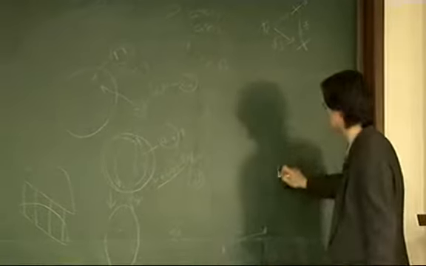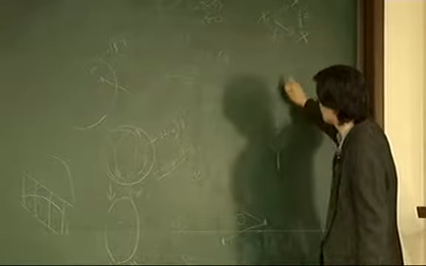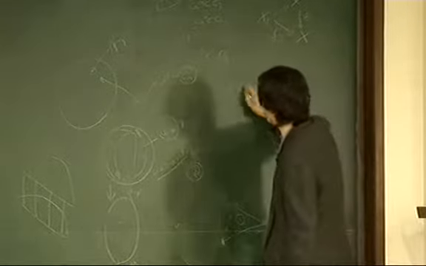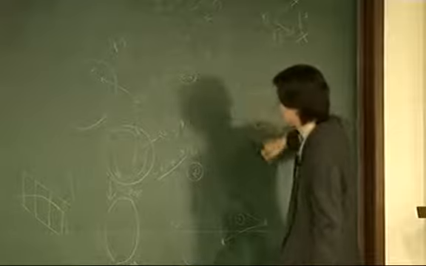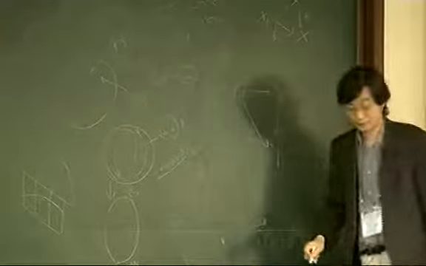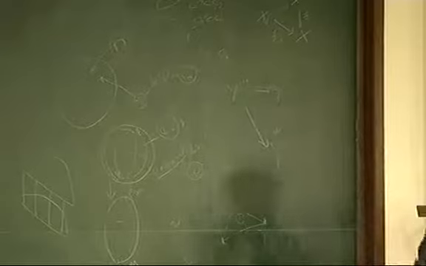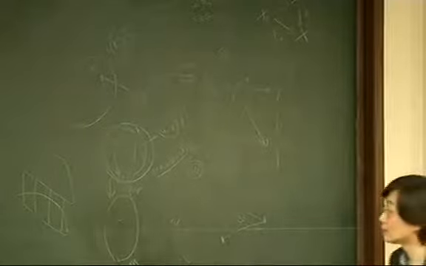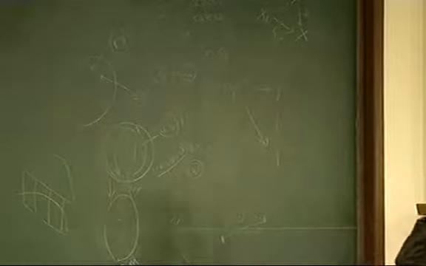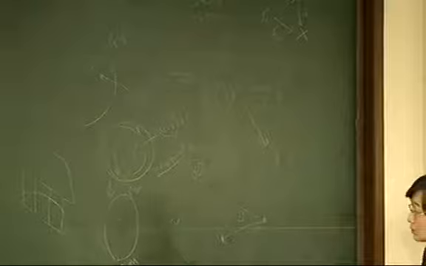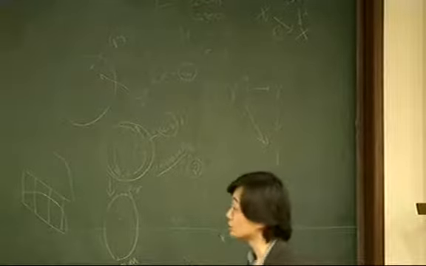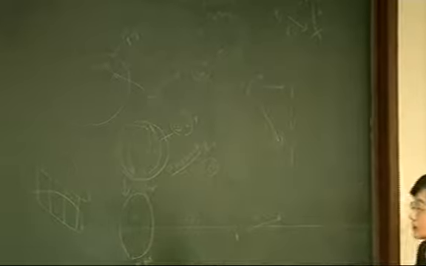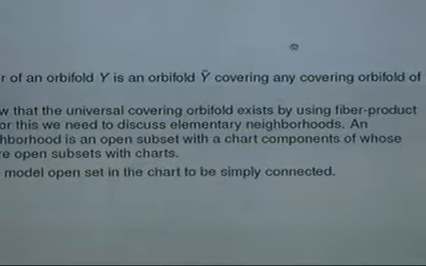If you have some orbifold and any kind of covering, then the universal cover is the one that will cover it. And you prove that it exists by a fiber product construction, as I talked about. For an elementary neighborhood you can do this, and once you can do it for elementary neighborhoods, you can patch up and get the universal cover.